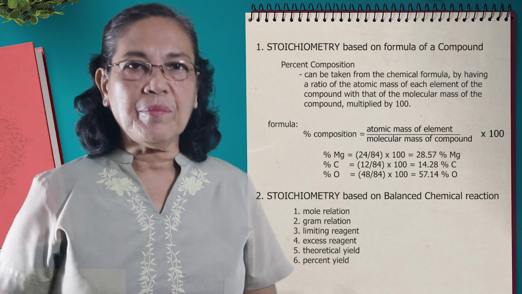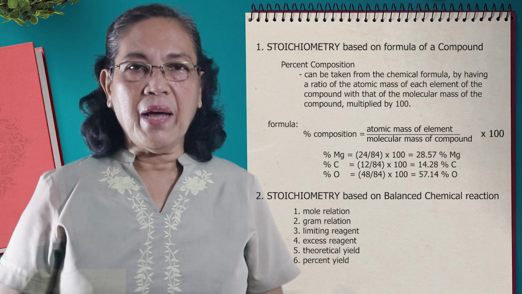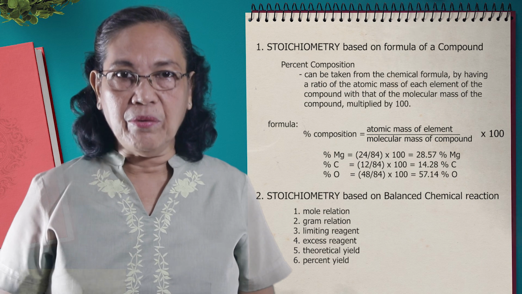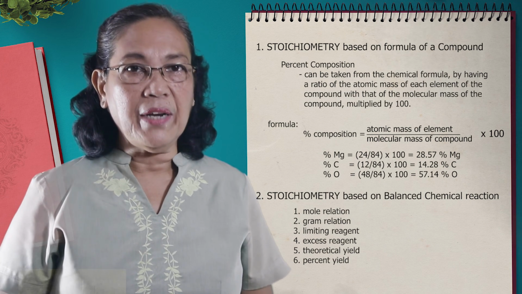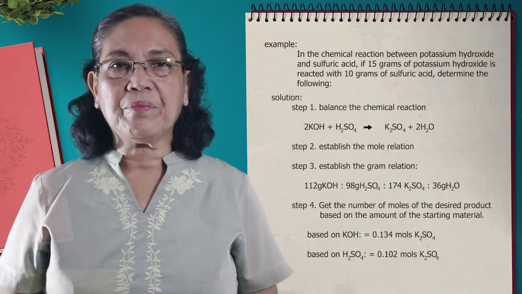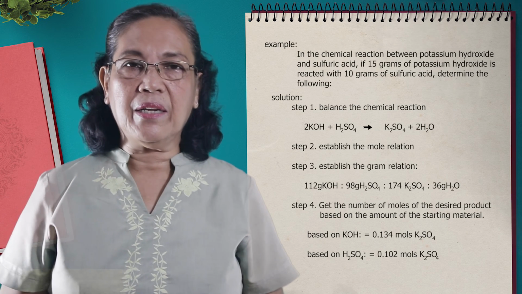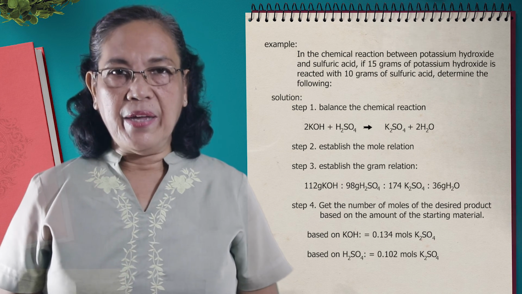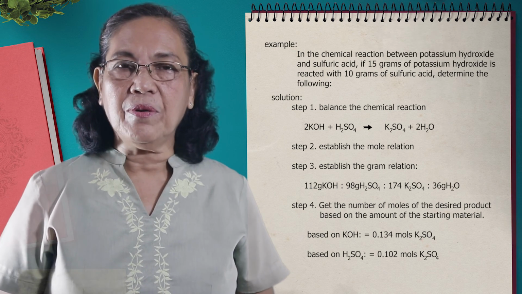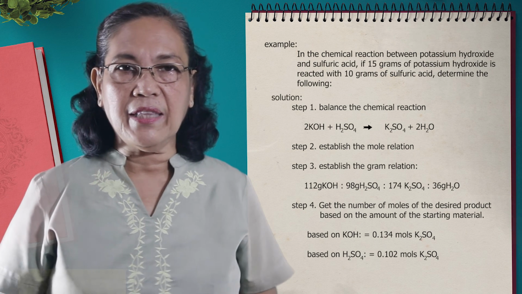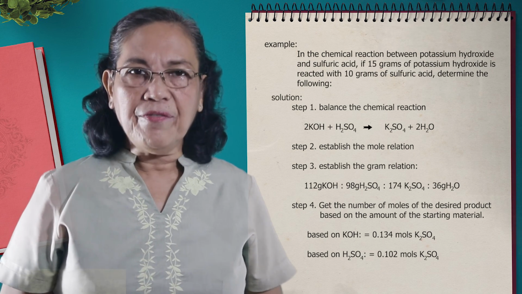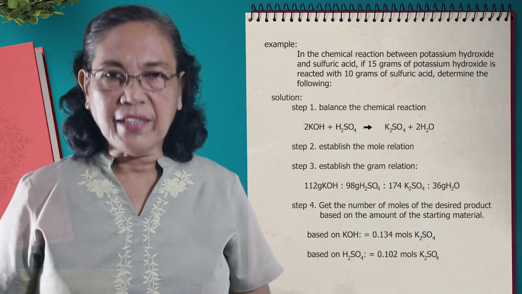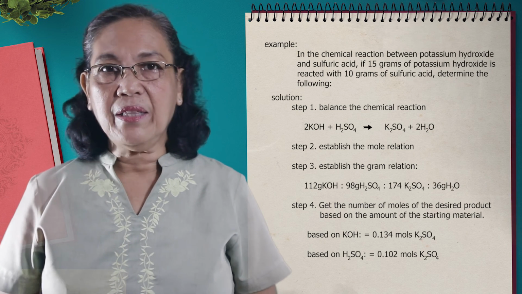So the actual number of moles used in balancing the chemical reaction will be the moles to be used in setting the mole relation. So for example, in the chemical reaction between potassium hydroxide plus sulfuric acid, we have the products formed, which are potassium sulfate and water. If you look at the chemical reaction, the reactants are not balanced with the products.